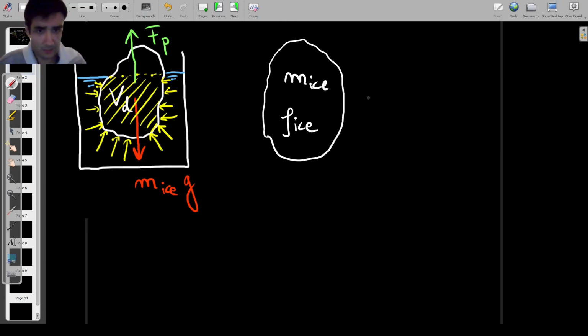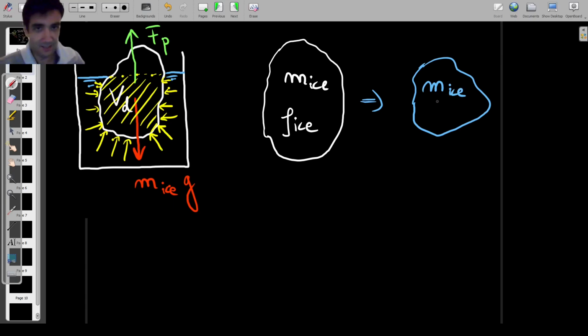And then after it melts, its mass will stay the same, okay, because mass cannot be created or destroyed. So its mass will be constant, but then its density is going to change, okay, because when the ice melts, it turns into water, and the resulting density is the density of the water, which of course is the same water as we've got in this glass.